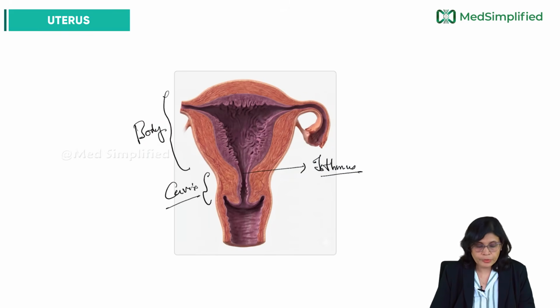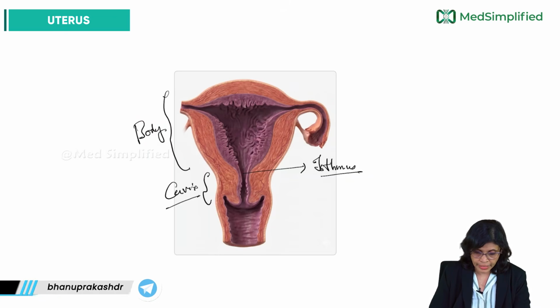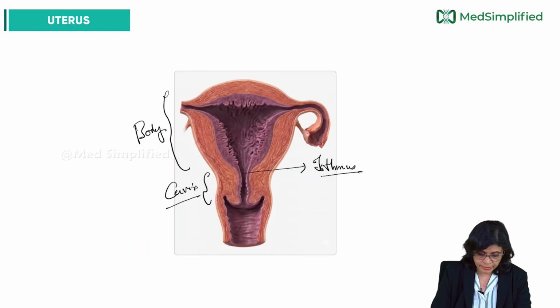The uterine tubes are attached to the upper part of the body at the lateral angle. The body is expanded like a dome at the top, and this upper expanded part we call the fundus.